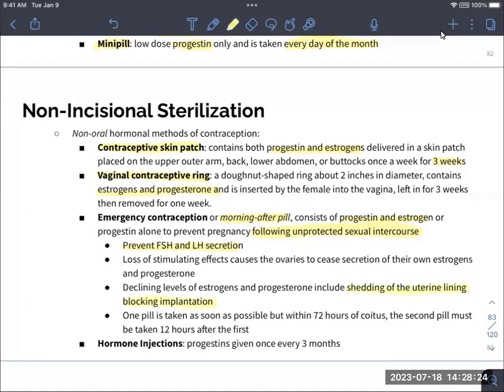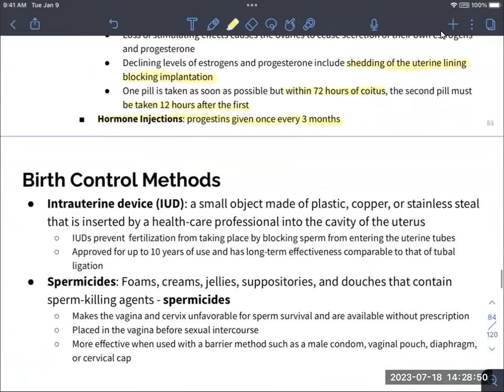When that uterine lining sheds off, that oocyte or ovum, or even that zygote at this point, can no longer implant. So you're taking one pill within 78 hours of coitus, sexual intercourse, and then a second pill 12 hours later. Now there's hormone injections where they're giving progestins, which is a form of progesterone, every 3 months.